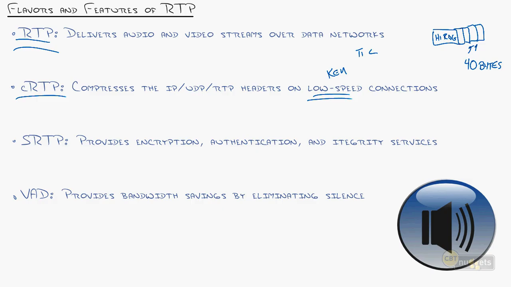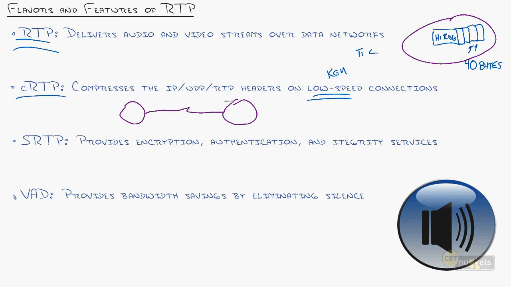The source IP address is so many bits of information that never changes. Same thing with the destination. So what CRTP does is take all of the redundant information in those headers and strip it out. First off, this is something that both routers must agree upon, because otherwise one of the routers is going to be like, what are you doing?